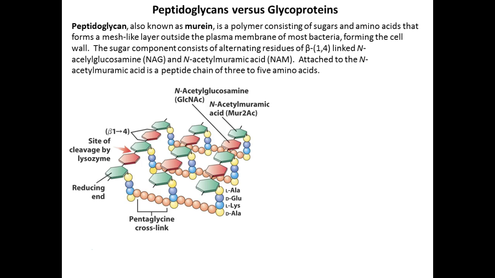So this name, peptidoglycan, has to do with the structural components of this molecule, the composition of it. Peptido refers to the bond between amino acids. That bond between amino acids is referred to as a peptide bond. Glycan is another name for sugar.